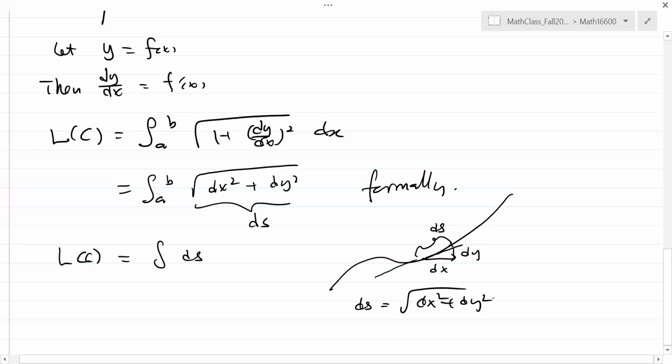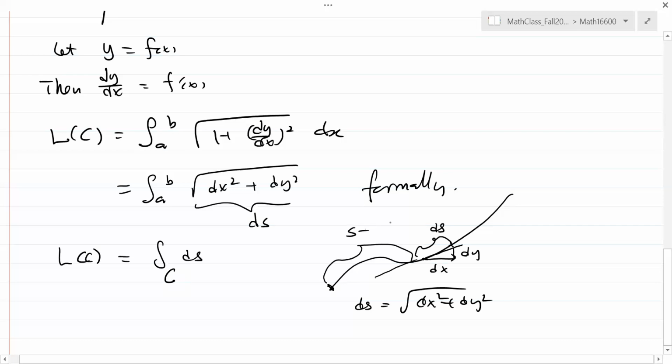So roughly speaking, the length of the curve is just the sum of these tiny bits, ds. Add them together, so I simply write it like this. I'm not going to specify the interval for ds. s is the arc length function from here to here.